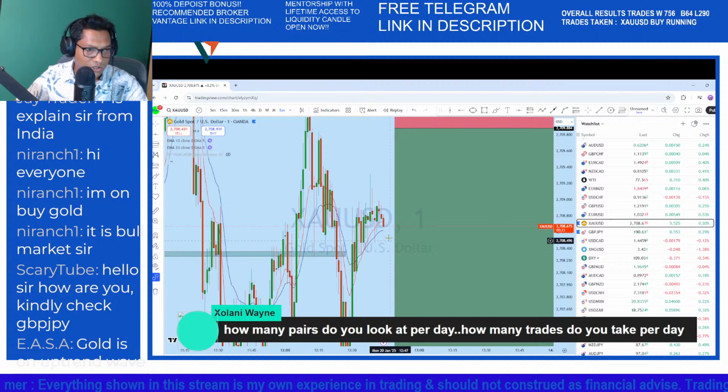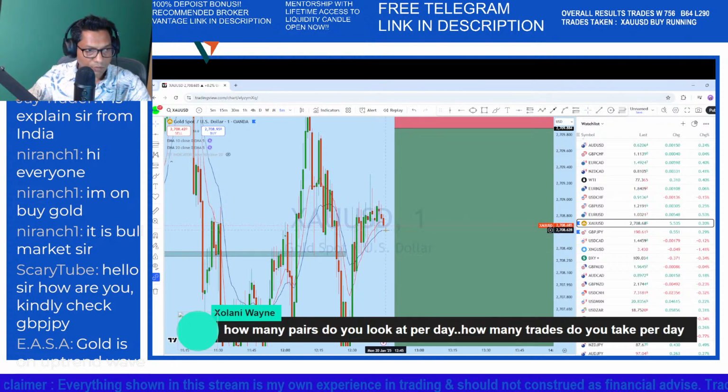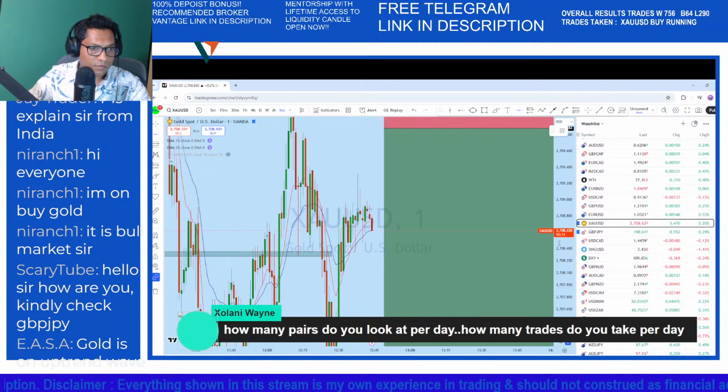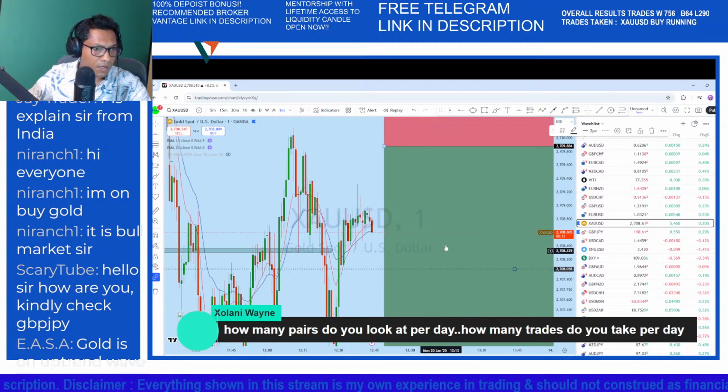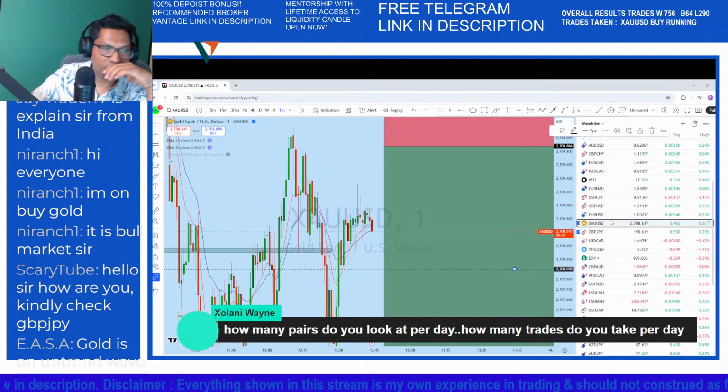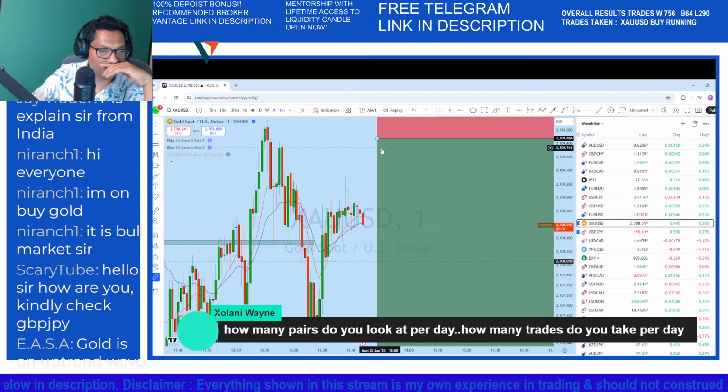Doji, and wanting to see the market breaking in that direction to the support level here, which is an important level. And once we see that it dropped well below, then we'll be entering into the trade.